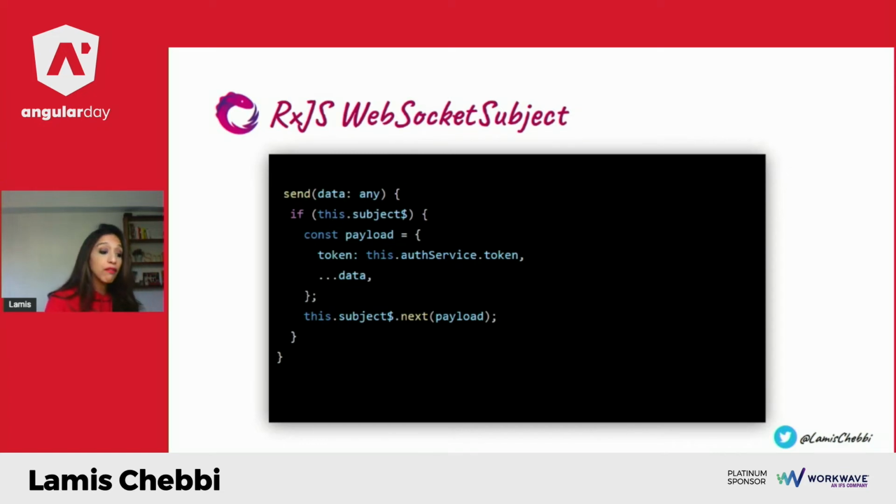This way, the server will validate the token. If it's valid, then the request will be executed. If not, nothing will happen. So this is a solution to deal with authentication with WebSocket subject.